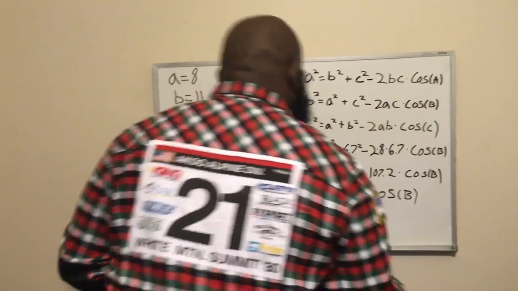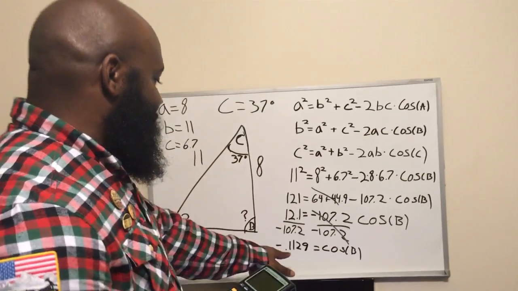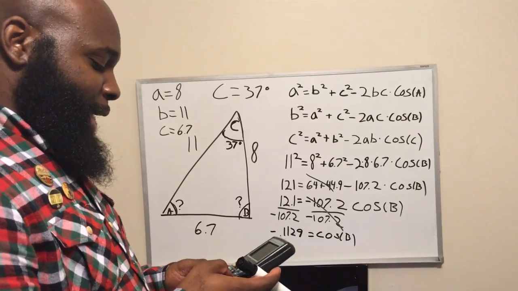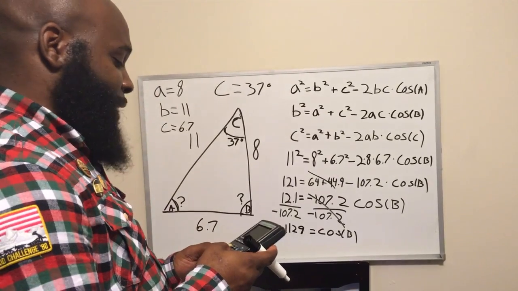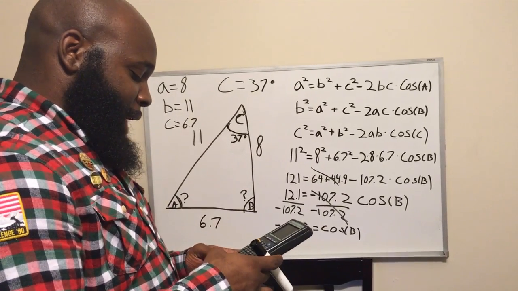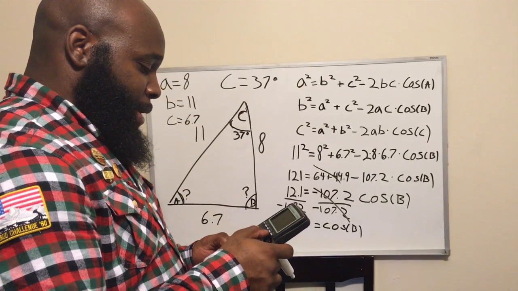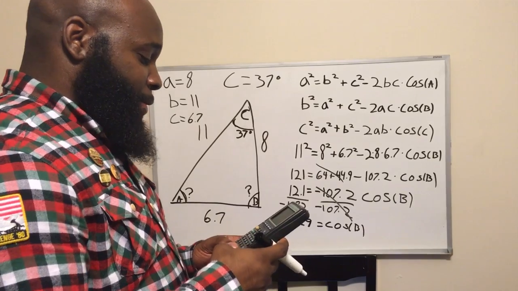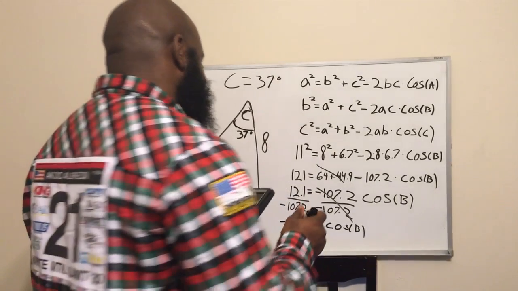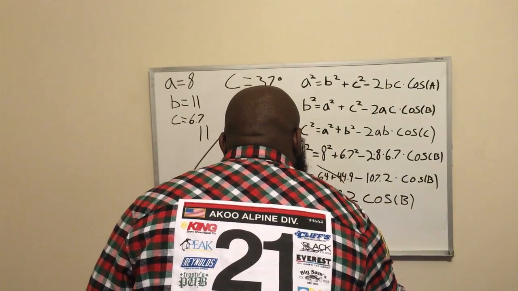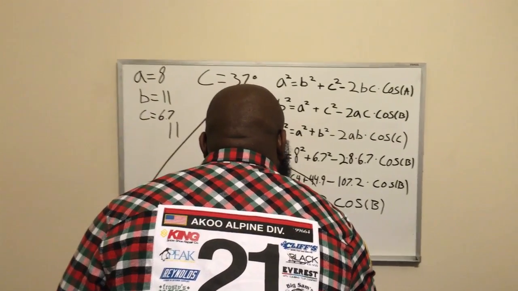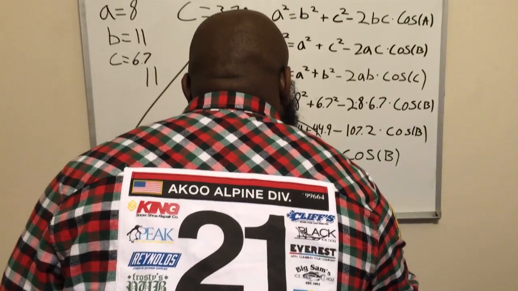What we're going to do is take this, press the second key, and press the inverse cosine and type in negative 0.1129, and that will give us our degrees, which is 96.5. So 96.5 is our degrees.